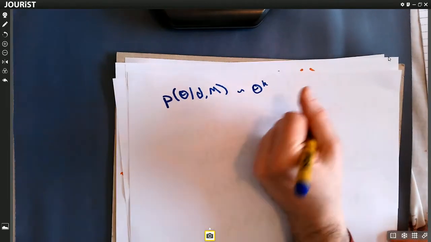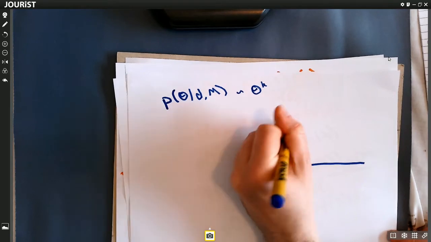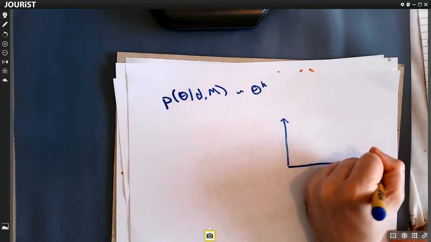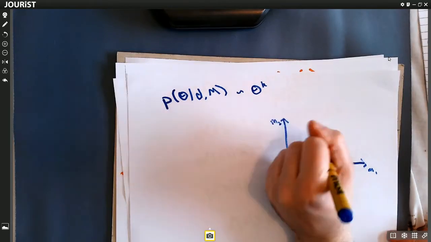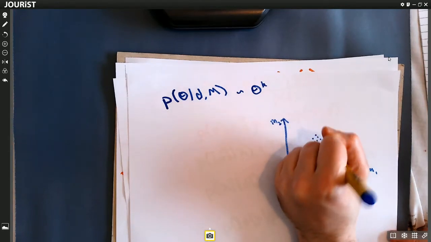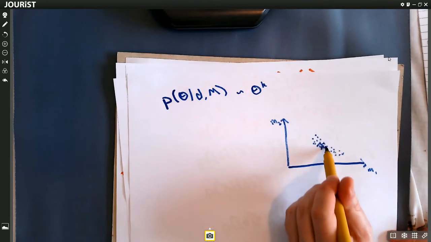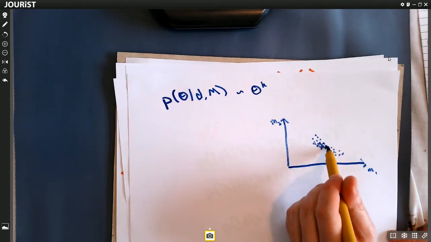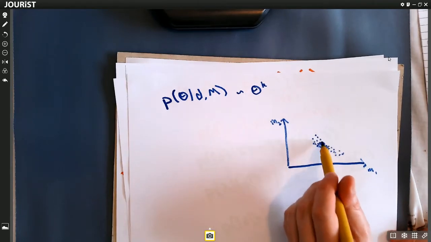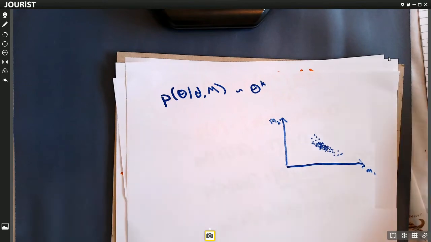And then, if you were making a plot of posterior samples, so let's say we have M1, M2, we would have posterior samples in many different places. By looking at the distribution of these, at places where there are more and fewer, this reconstructs the probability distribution. So if you were to histogram this up, or use a KDE, some form of density measure, to go from samples to a continuous distribution, you'd reconstruct your probability distribution.